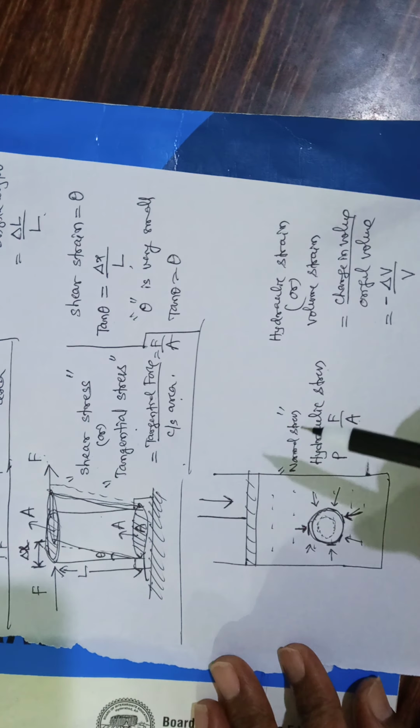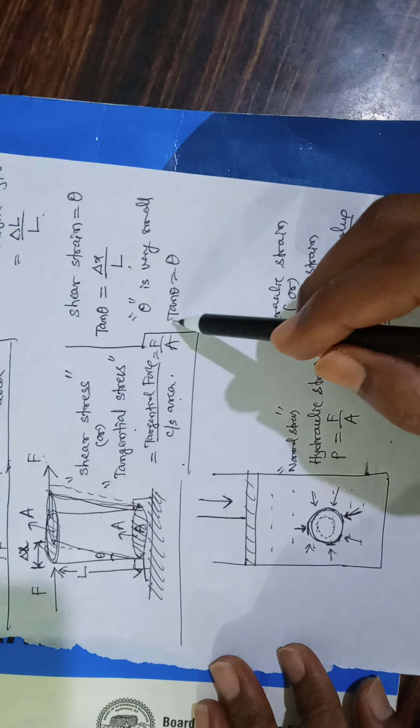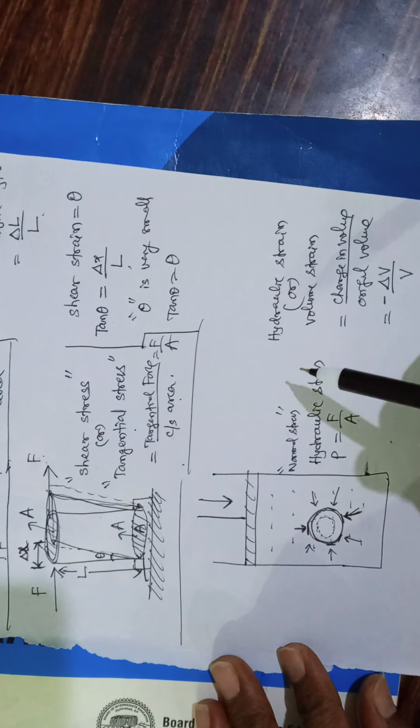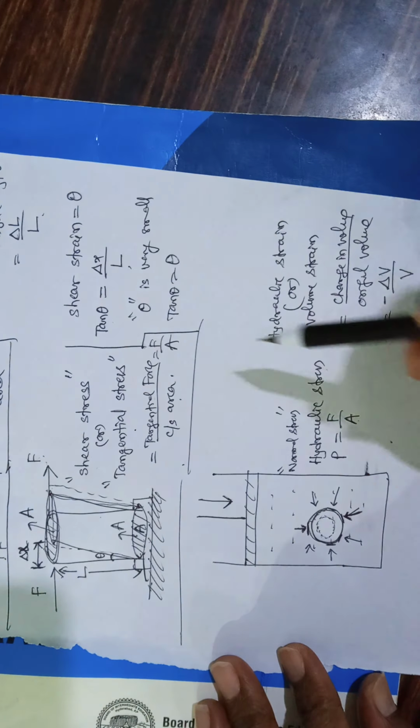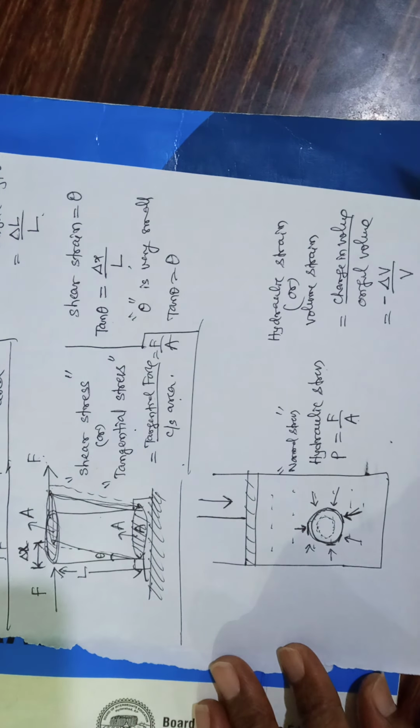But theta is very small for a rigid body, therefore tan theta is equal to theta. So shear strain can be represented either by theta or delta x by L.